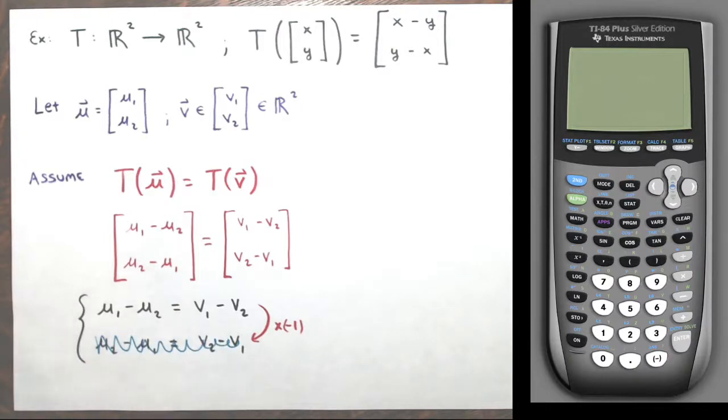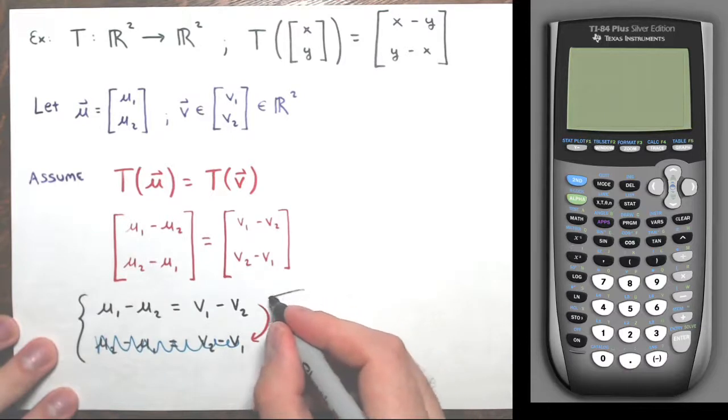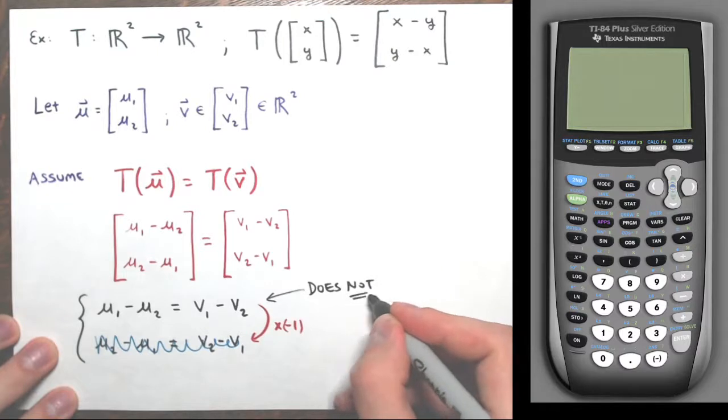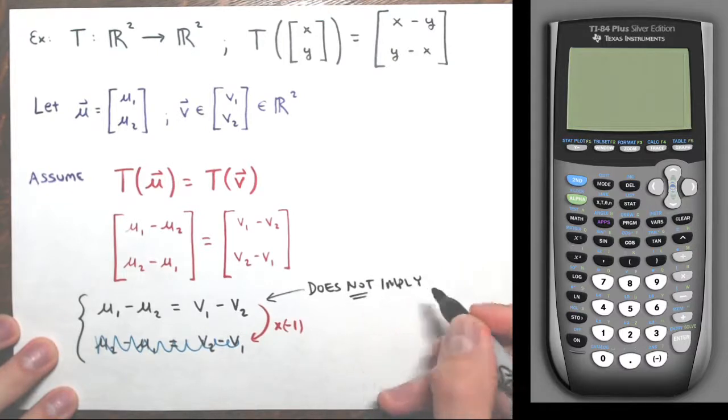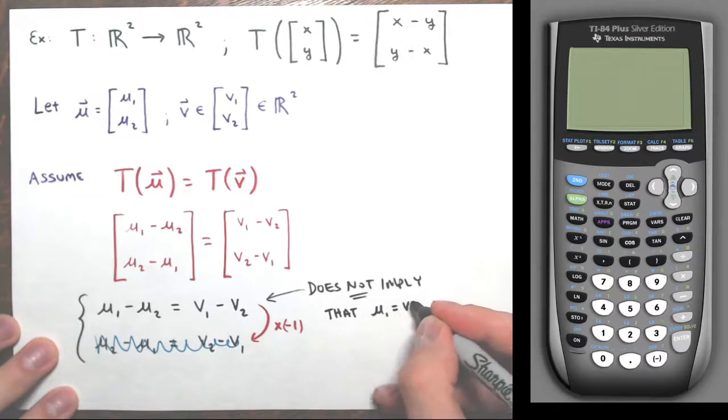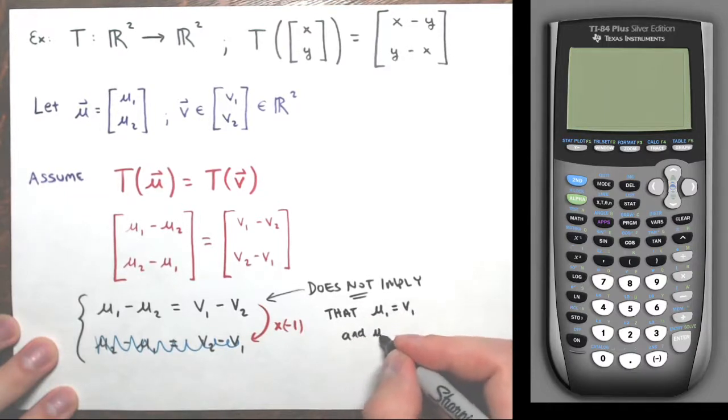Now, does this imply that u1 and v1 have to be the same, and u2 and v2 have to be the same? No, it doesn't. This does not imply that u1 has to be equal to v1 and u2 has to be equal to v2.